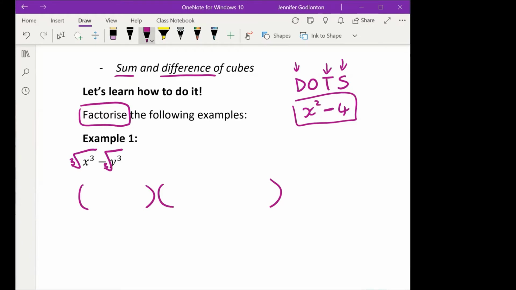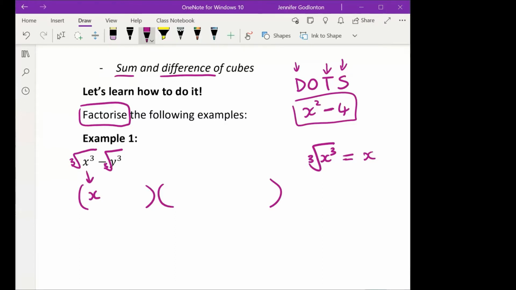So what is the cube root of x cubed? Who can tell me? X. Excellent, Apiwe. Nice. Chantal, well done. So the cube root of x cubed is x. We find that cube root and we put it in there.